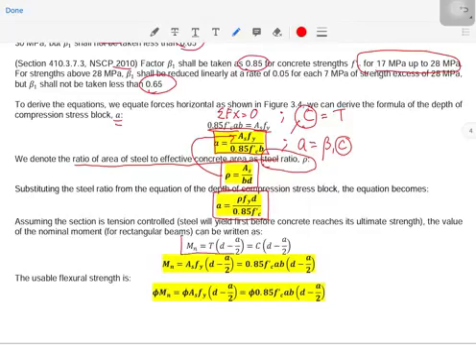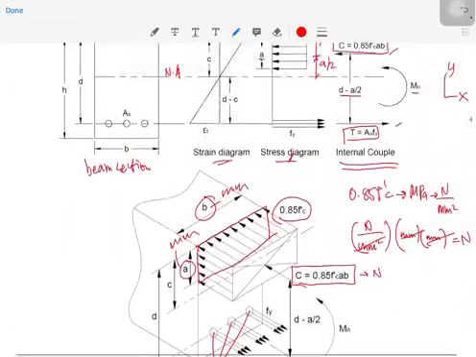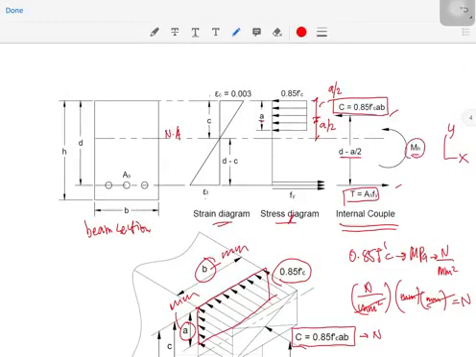Again, this one is coming from the internal couple diagram that we have here. So if we sum up moment at the tension side, equal to Mn, wherein Mn, guys, will be equal to 0.85 f'c ab times d minus a over 2.